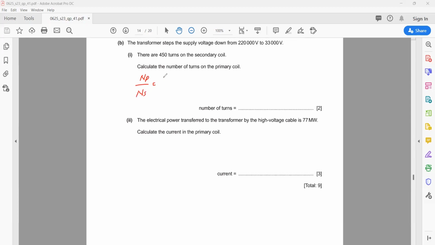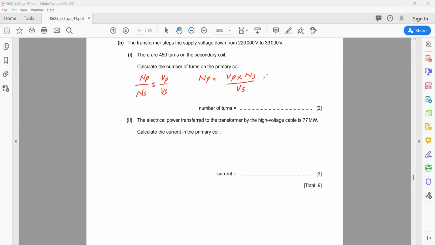What do we need here? The number of turns of the primary. So the formula will be NP equals VP times NS divided by VS.